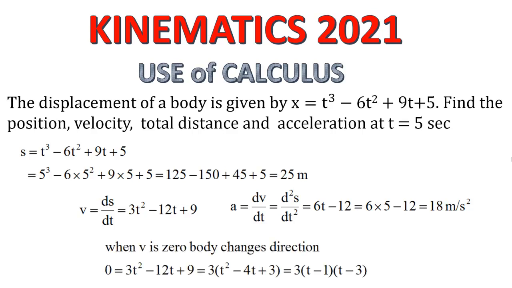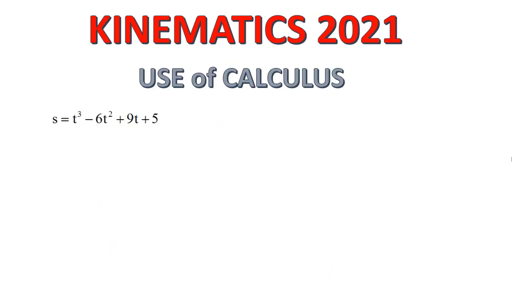See, I'll take the velocity, I'll equate to 0. That means I get t equals to 1 and t equals to 3. That simply means at 1 second and 3 seconds the particle is changing the direction. Let me show it here. So now 1, 3 second was there.